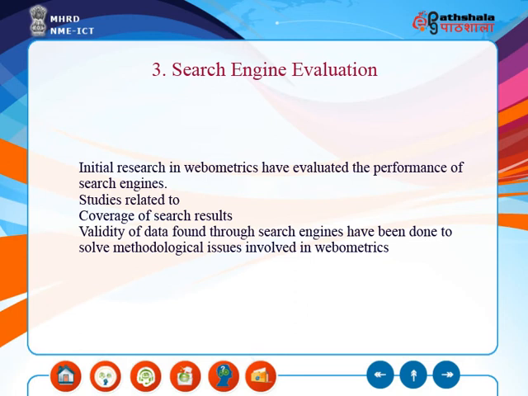The development of web crawling programs and the availability of APIs, that is, Application Programming Interfaces, from different information processing industries have now helped to expand Webometrics research into other social science domains.